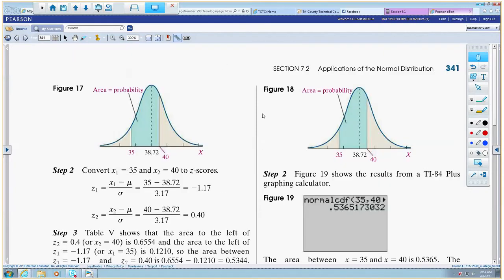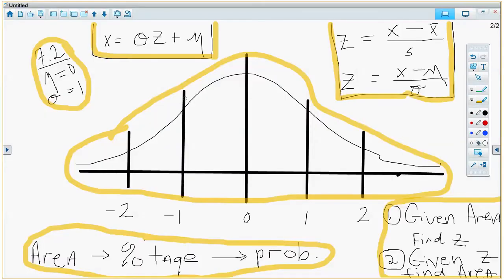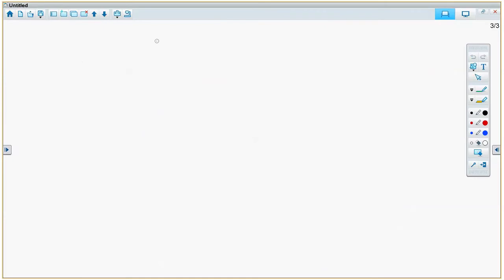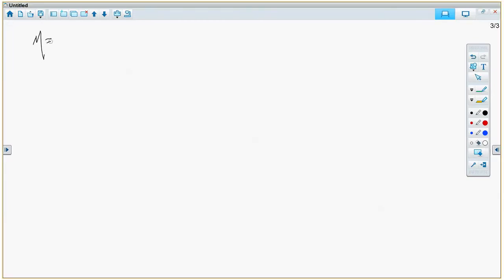Oh, wait. I'll just make one up. How about that? All right. Let's go with a mean of 100 and a standard deviation of 15, just like when we did.